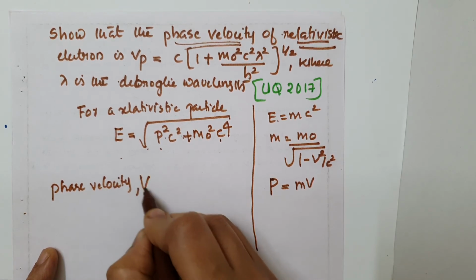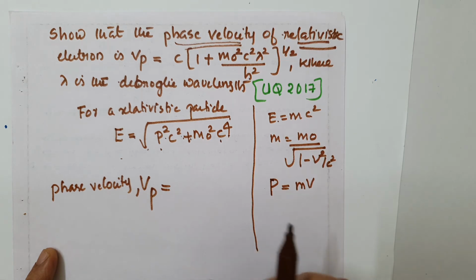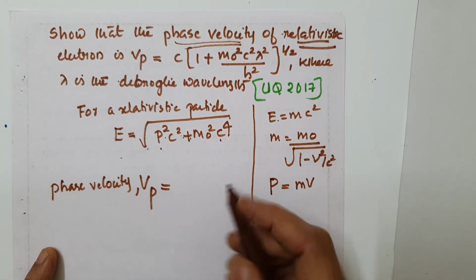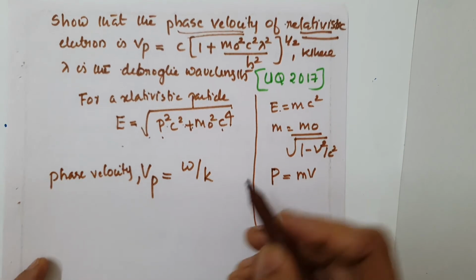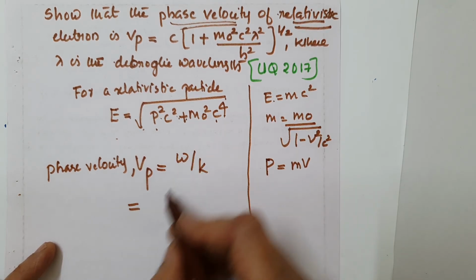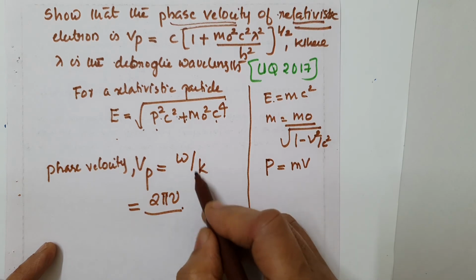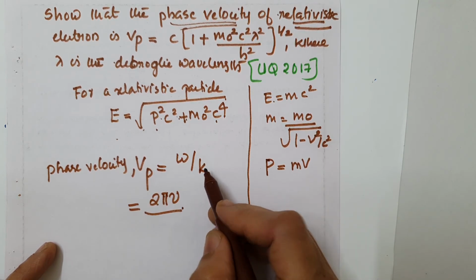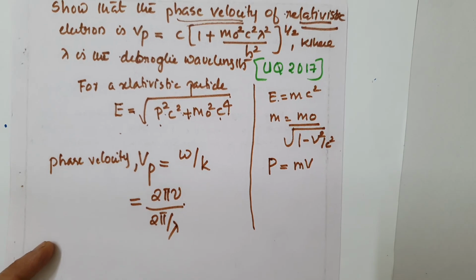But the phase velocity is represented as Vp. Phase velocity means the velocity of an individual wave in a wave packet, also called wave velocity, and it is represented as omega by k. Omega is the angular frequency, which can be represented as 2 pi times frequency, and k is the wave vector or propagation constant, which can be represented as 2 pi by lambda.